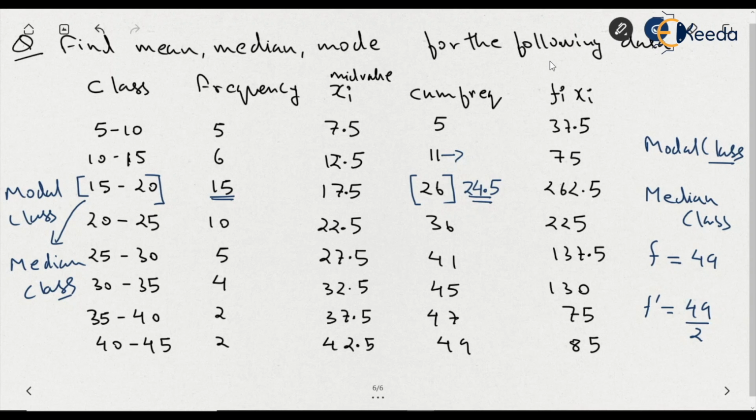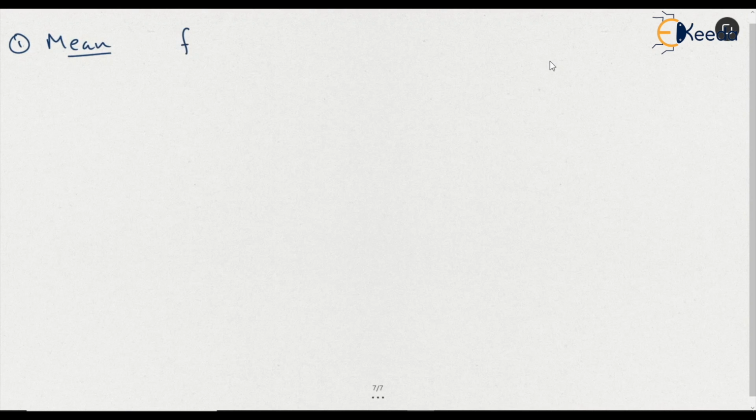Now let's see what are the values we want to find. The first one is mean value. Like we have already said, it will be sum of fi xi divided by the overall frequency. And we have already found the values.